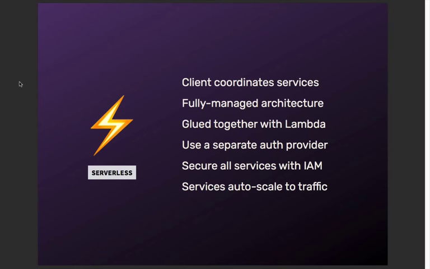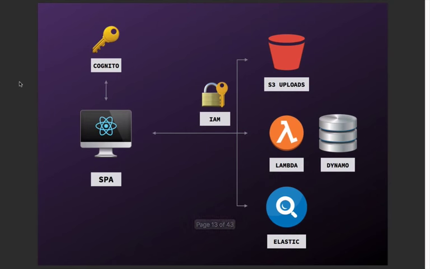Lambda is the piece that glues everything together. This is a very simple use case of Lambda, which just handles the API request. But Lambda can be used in many, many other ways. For example, when a user uploads a file to S3, you can have a Lambda listening. Let's say a user can upload a profile picture, and you want to resize it to 200 by 200.